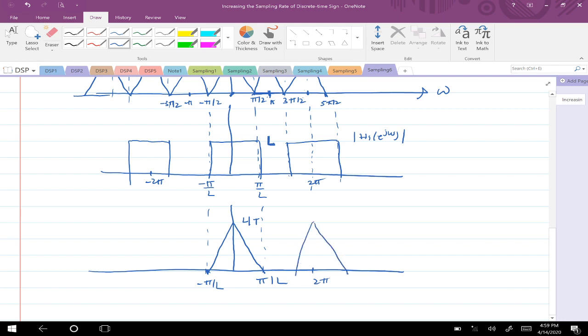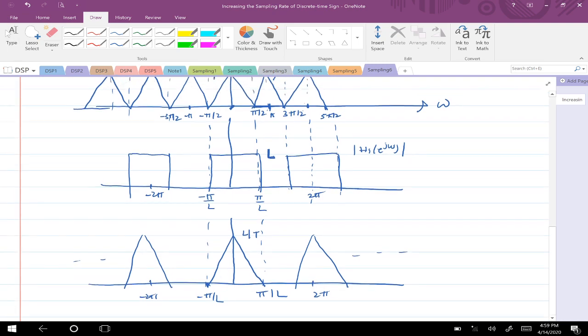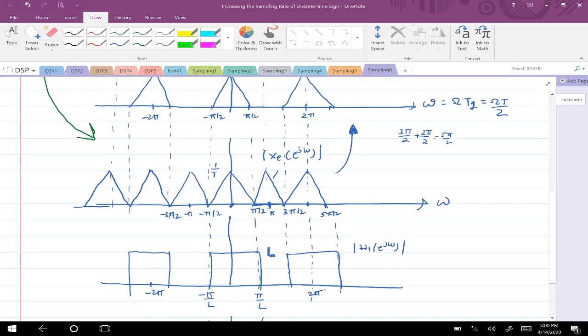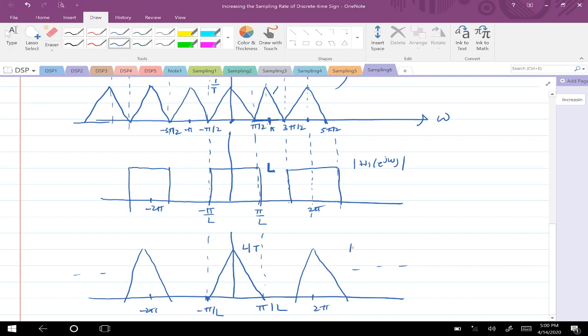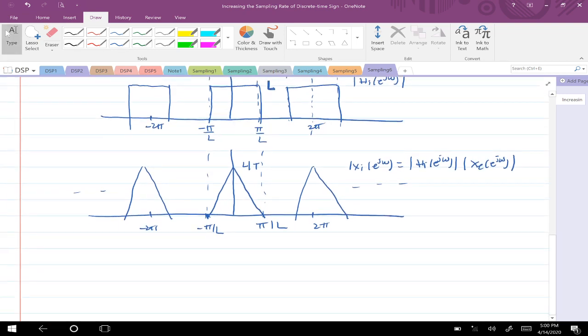I'll get another copy here. Similarly, at minus 2 pi, I'd get a copy. And that's all on both sides. And this is the magnitude of X_I of e power j omega obtained as a result of multiplying H_I of e power j omega with X_e of e power j omega, right? Hope things are clear to you.